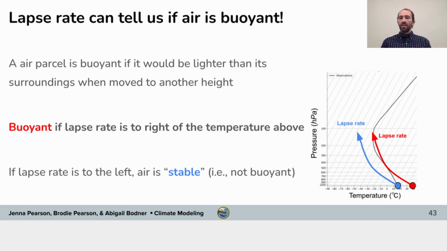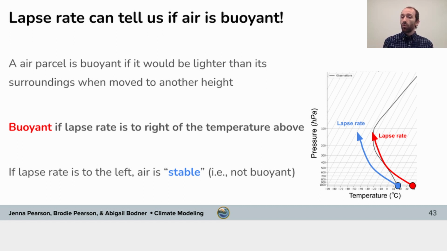Now, that surface air parcel, the blue one that we started with initially, has a lapse rate that lies to the left of the observed temperature profile above that parcel. What that means is if we move that air parcel upwards, it would be cooler and denser than its surroundings, and so it will want to sink back to the surface.